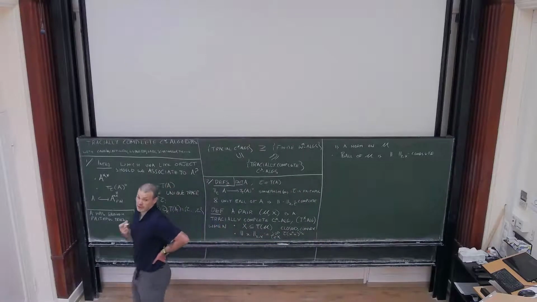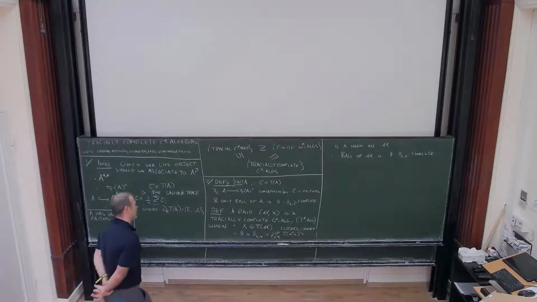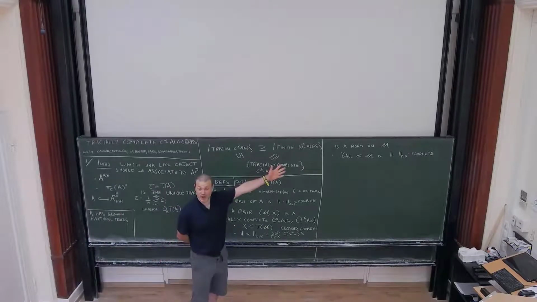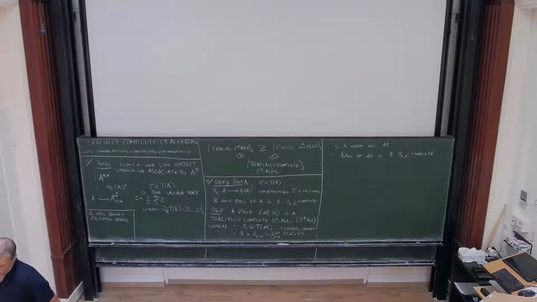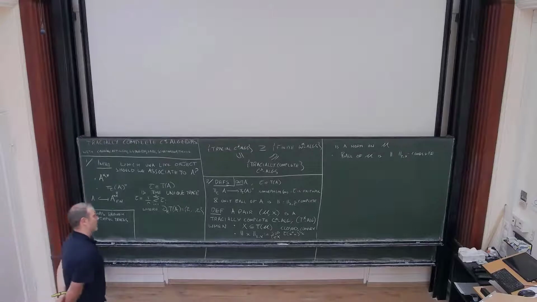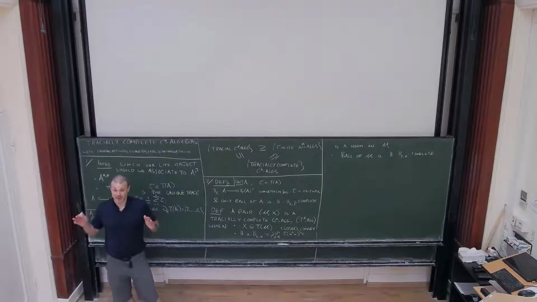So that's a tracially complete C-star algebra. It comes with this specified set of traces, which I think of as the official normal traces on my tracially complete C-star algebra, because they're all ones that are 2,X continuous, and I've specified the norm. I've defined the objects in this category. The morphisms in this category are the star homomorphisms that preserve the specified set of traces.